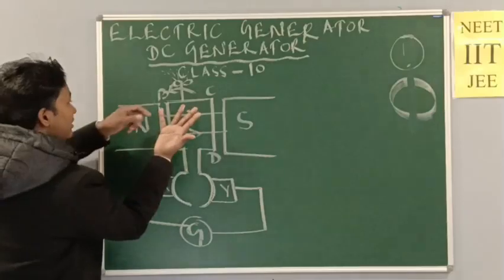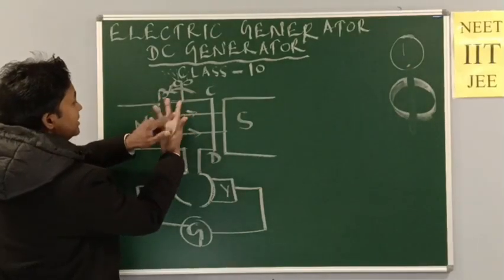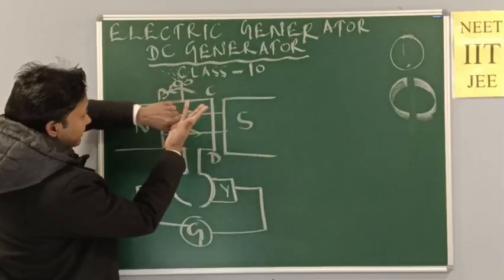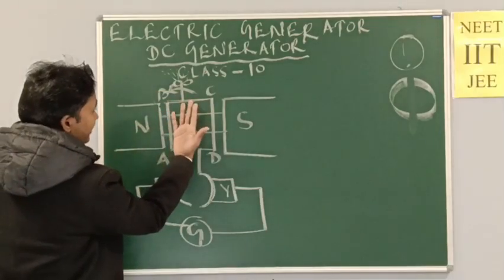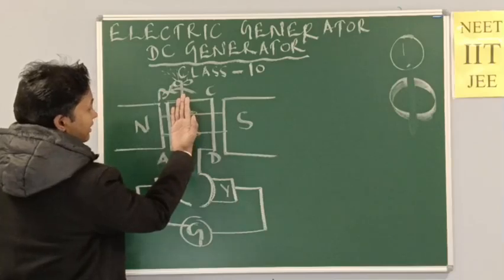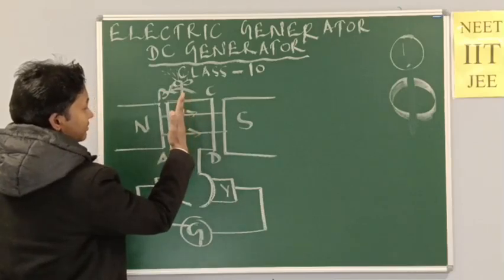See, this is AB, this is CD. Rotate this anti-clockwise like this.